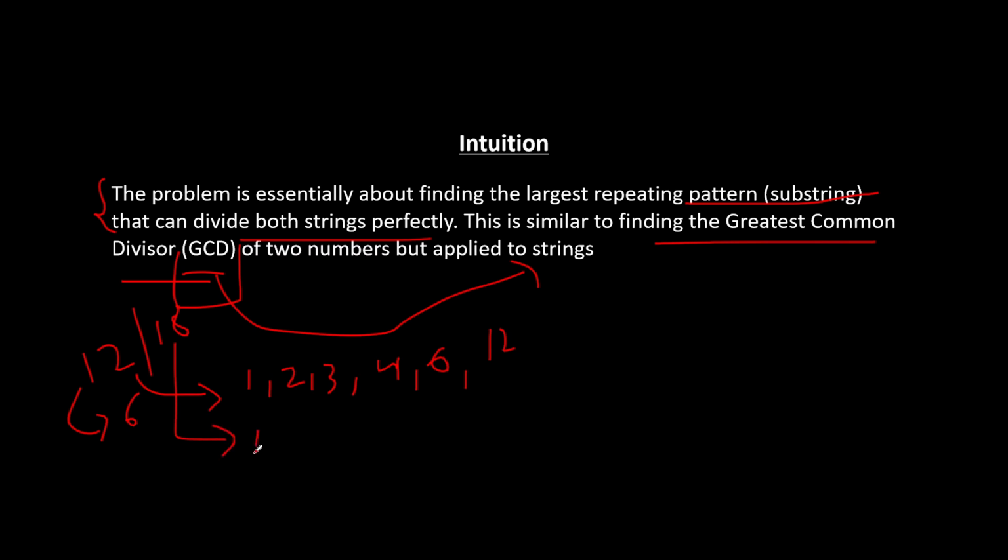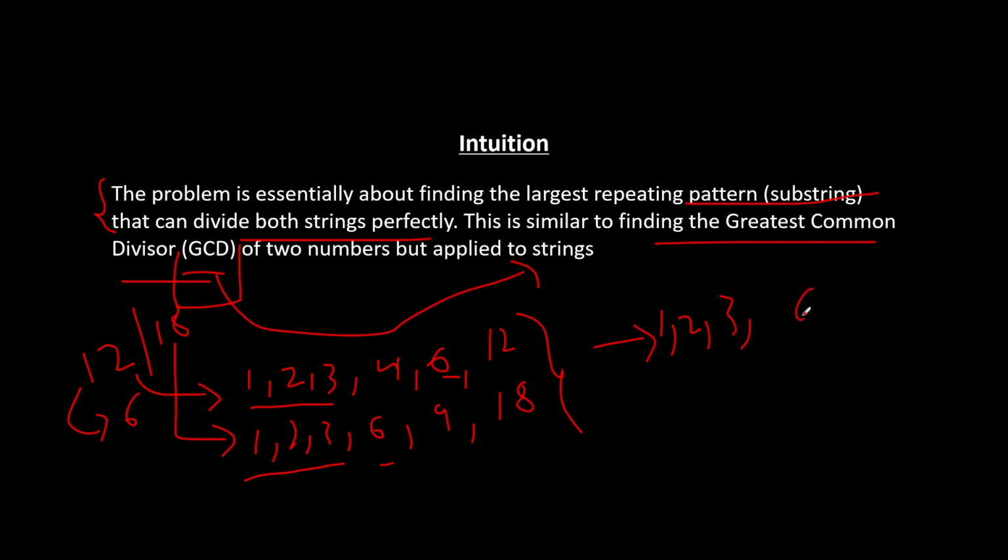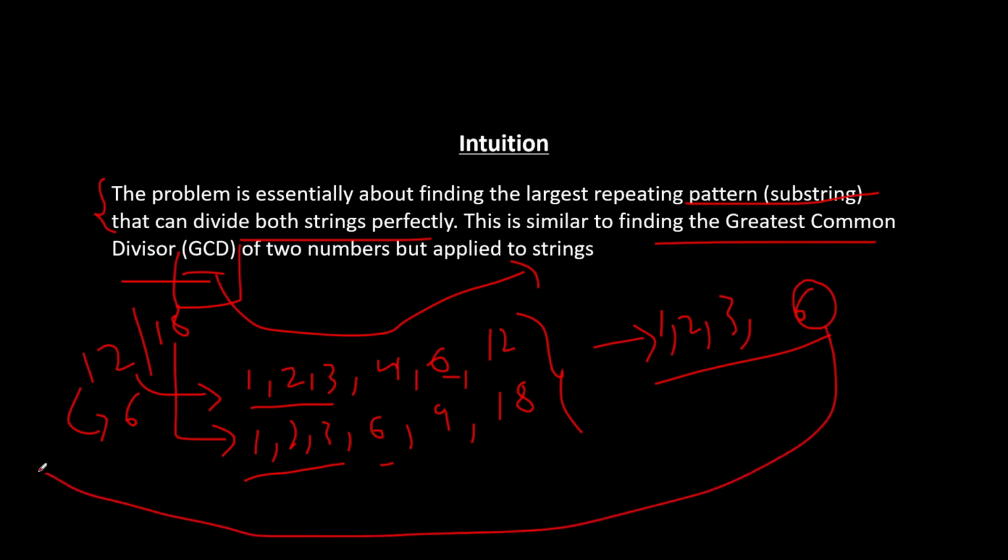Factors of 18 are 1, 2, 3, 6, 9, and 18 itself. Now the common factors in both are 1, 2, 3, and 6. And the greatest of all these is 6. So we got 6 as the GCD of 12 and 18. This is the concept of GCD which we will be applying on the strings.